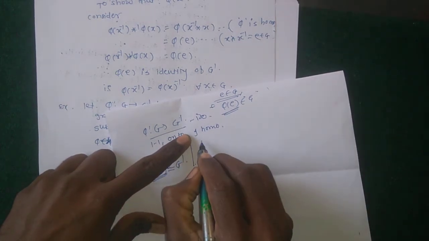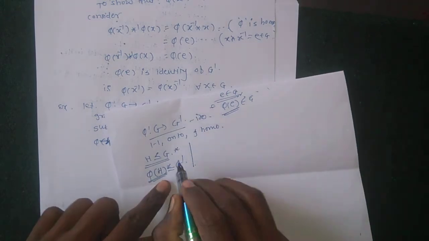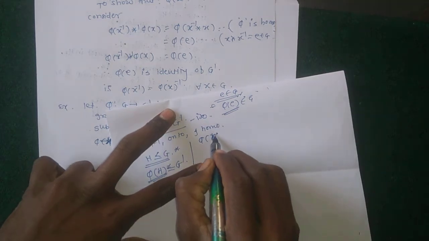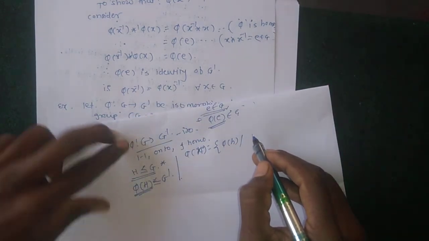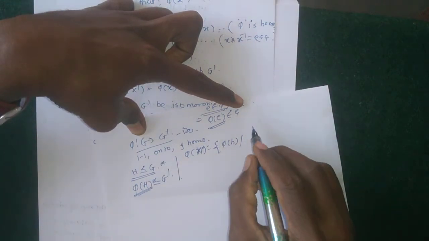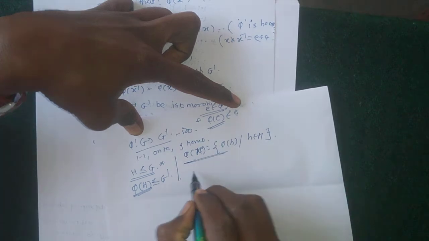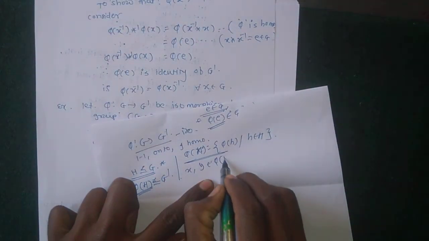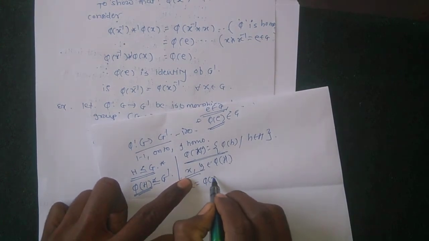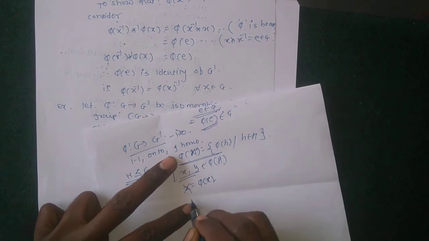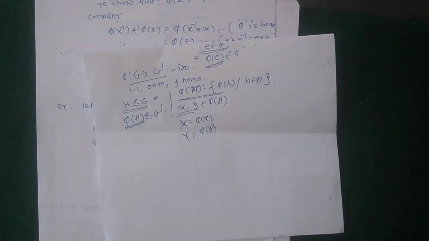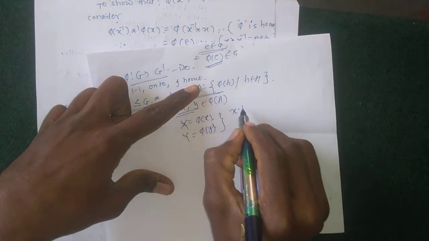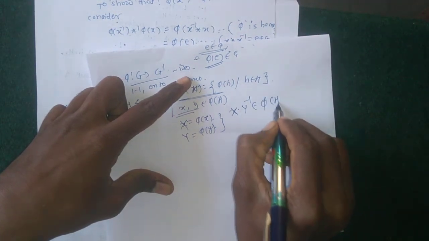Choosing elements of phi of H, they are of the form images of elements of the domain, phi of h, where h belongs to H. Then choosing any two elements, suppose X, Y belongs to phi of H, then X equals phi of x, Y equals phi of y, because they are images of x and y, where x and y belong to H. Choosing two elements in phi of H, and to show X star dash Y inverse belongs to phi of H.